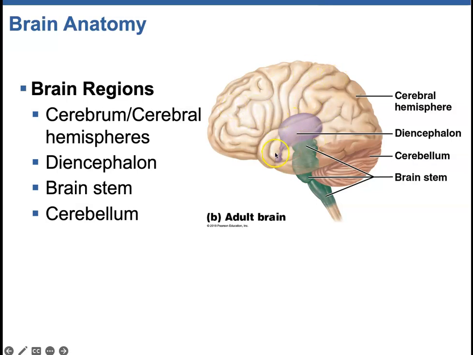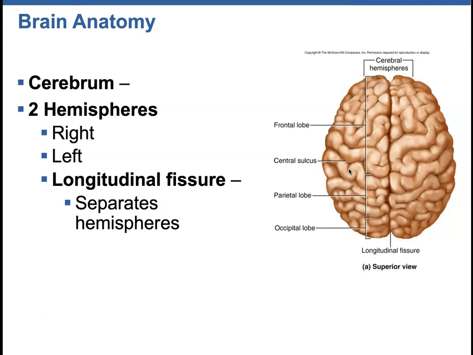Then we have this portion in purple called the diencephalon, then the brainstem, and then the cerebellum. These are your primary brain regions. The cerebrum is made up of two hemispheres, left and right, and down the middle we have the longitudinal fissure. This is what separates the left brain from the right brain.